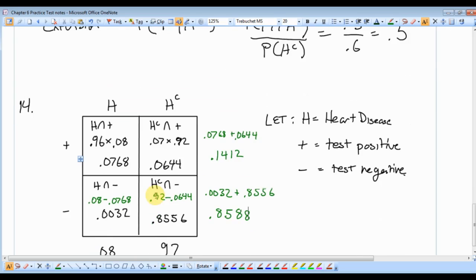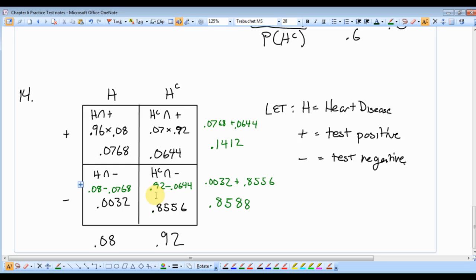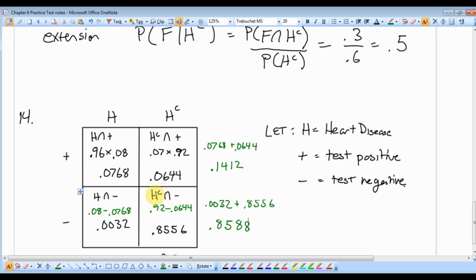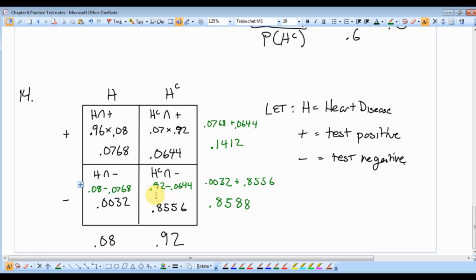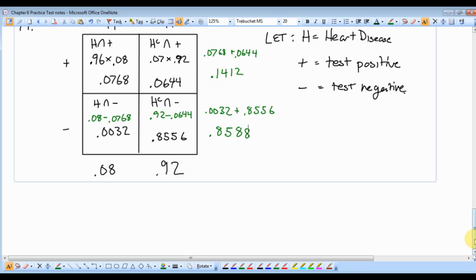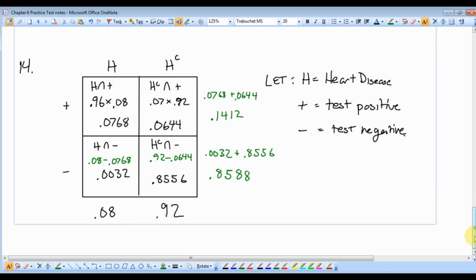Let's go to 14. This is a fun one. If you understand these problems, you're doing really well with probability, because most people will not be able to get this question right if you just ask randomly. Heart disease is the number one killer today.